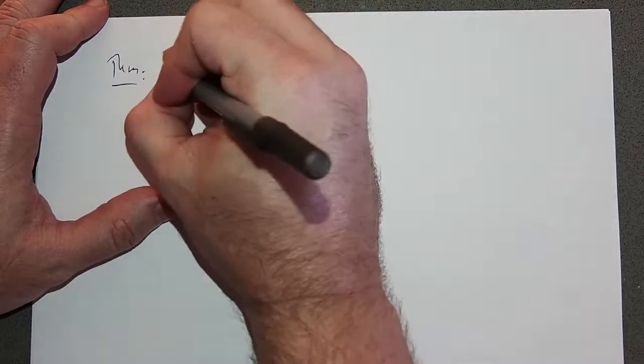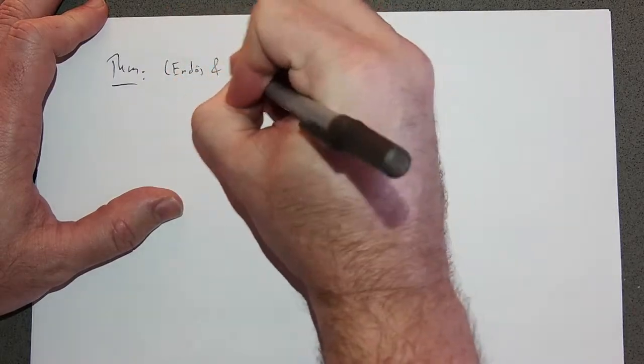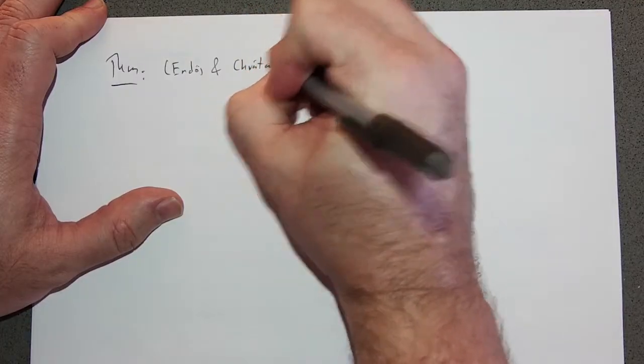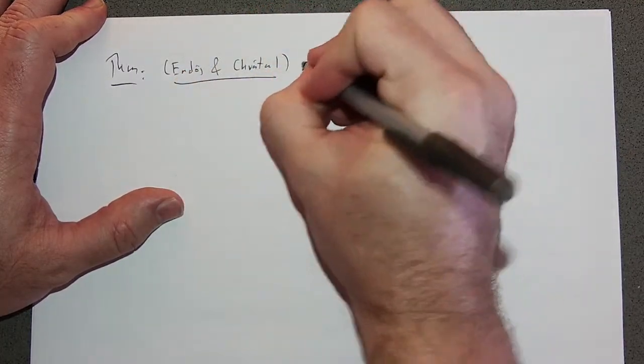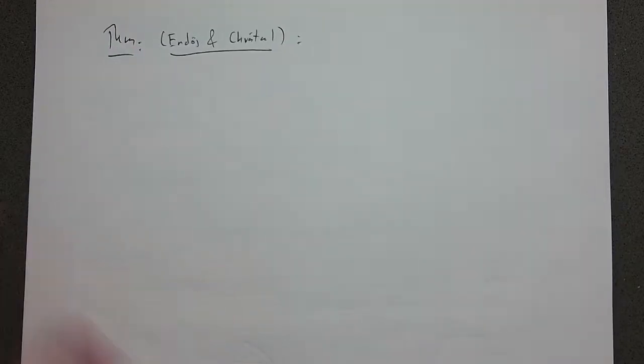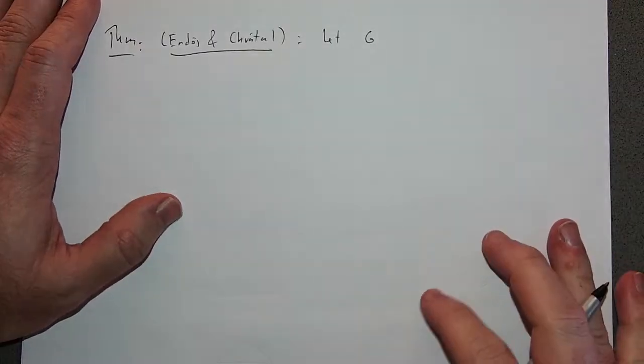This is due to Erdős and Chvátal, that relates this independence number to connectivity of a graph, and also Hamiltonicity.